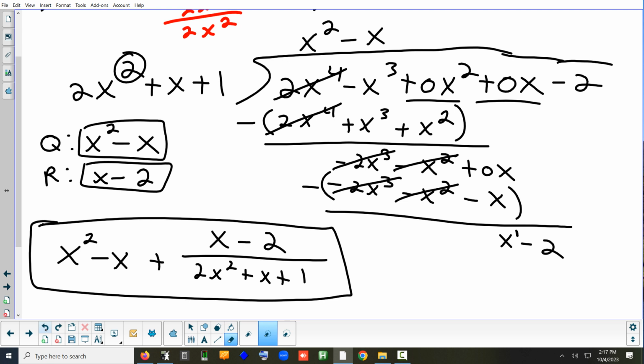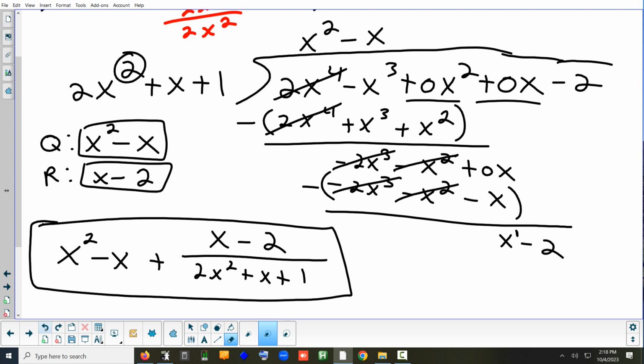So do you not count those when subtracting? Well, we did count them. We brought it down and we used it. So 0x minus x, we do use it. And right here, 0x squared minus x squared gave us negative x squared.